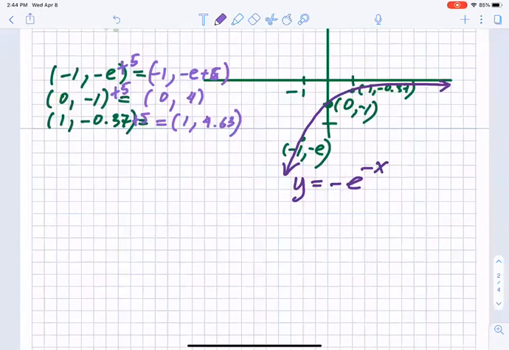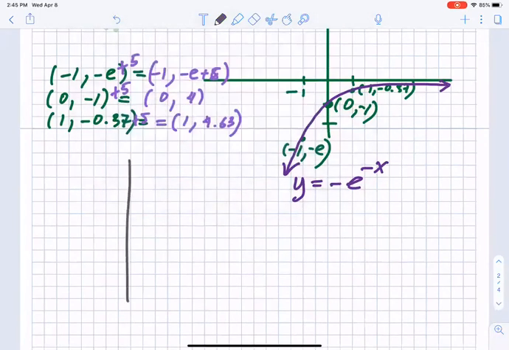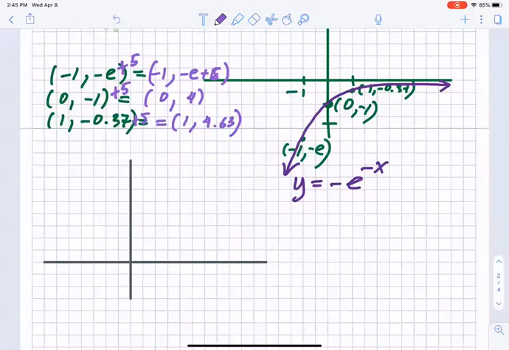Let's graph that. So we set 0 and 4, right? So 1, 2, 3, 4. It's here. 1 and 4.63 is here.